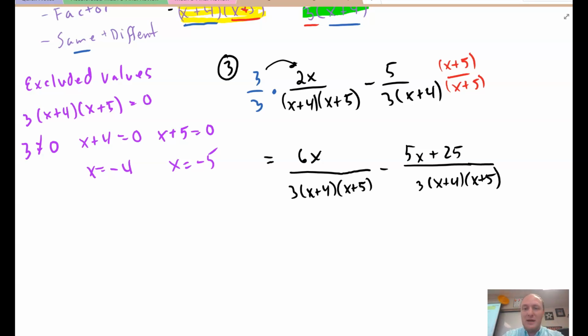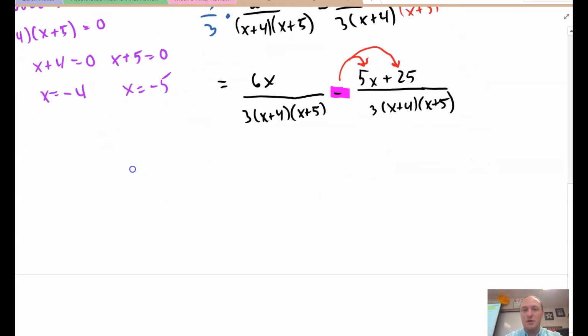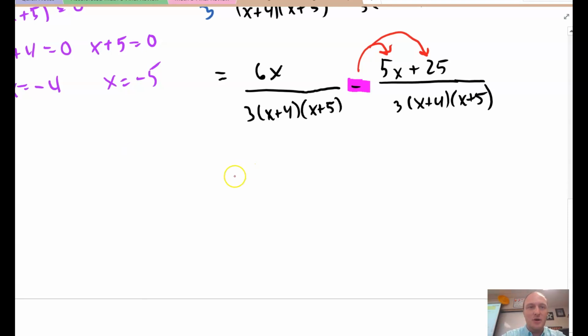It's a trap. Admiral Akbar is here to tell us, watch out for this negative. It's going to affect this sign value and this sign value. So I have 6x. Now here's where that negative comes into play. I have to change the sign of this whole binomial: negative 5x minus 25, because that negative changes all of those signs.